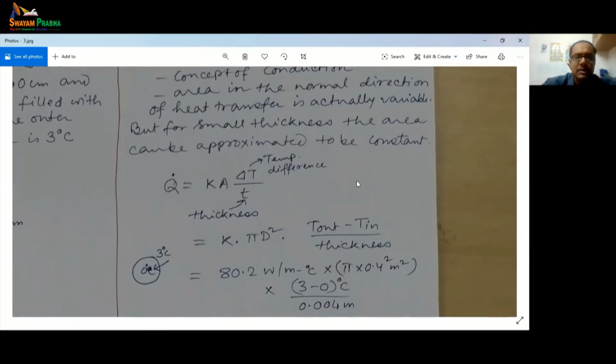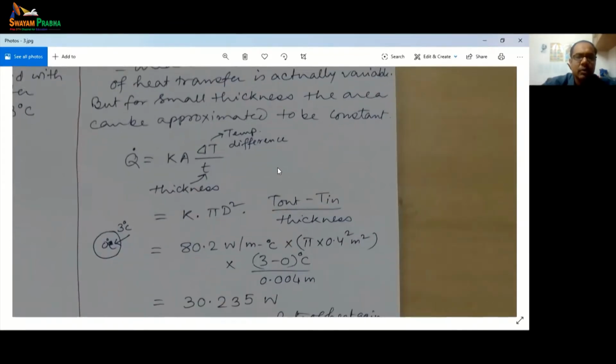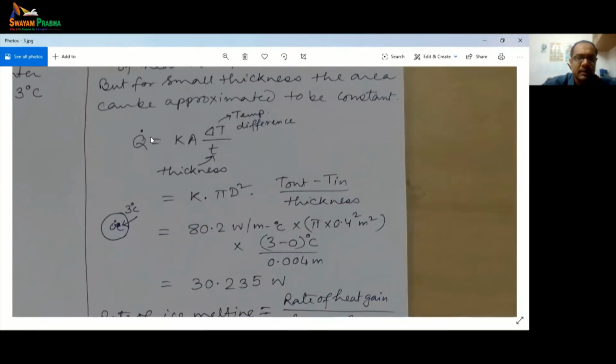Okay, so this area we are going to use for heat transfer, and this Q dot, that means the rate of heat transfer, that you know from your high school knowledge, will be the conductivity K multiplied by the area perpendicular to the direction of heat transfer, let's say we designate it with A, multiplied by the temperature difference, delta capital T, divided by small t.